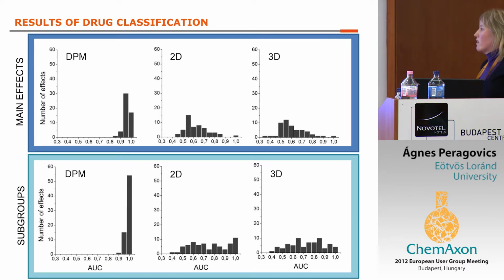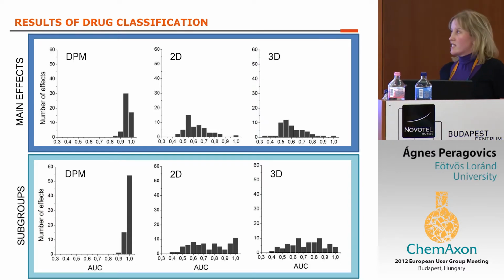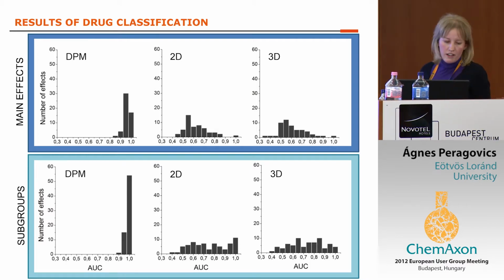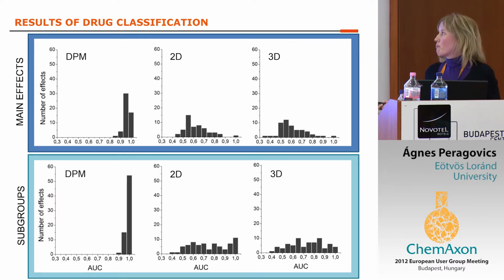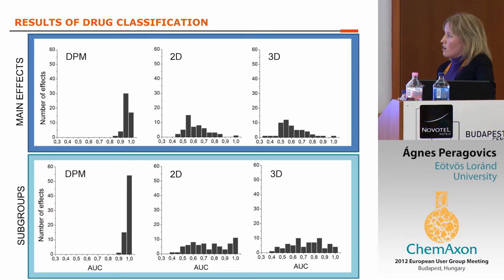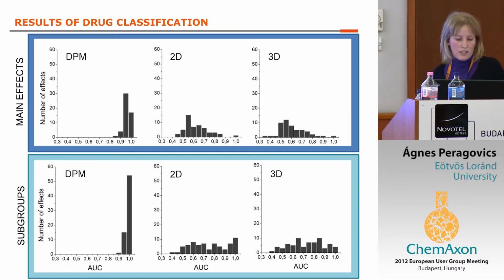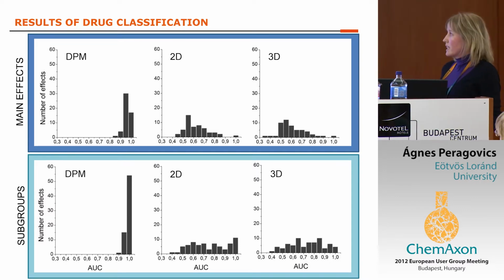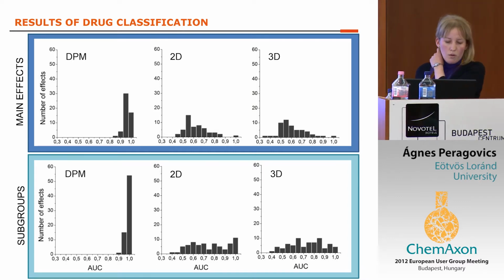At this point, I would like to mention that the aim of this study is not the direct comparison of the three methods, because drug profile matching is a machine learning approach. It is a more complex method, and two-dimensional and three-dimensional searches are more robust, and they have their place in the drug development process.